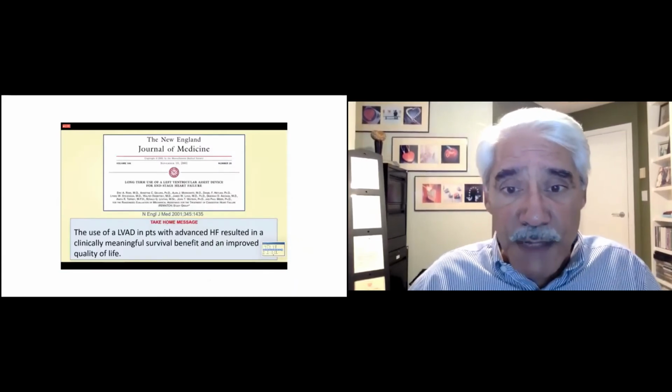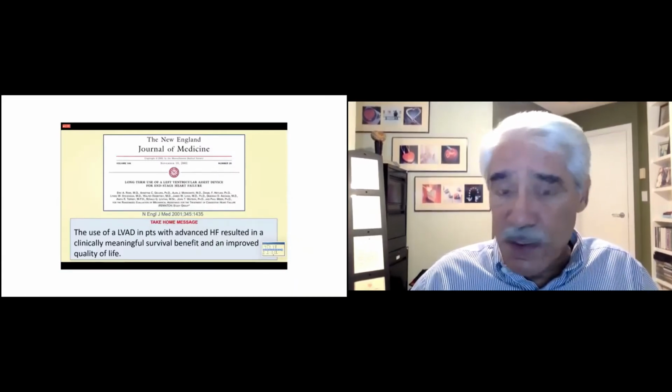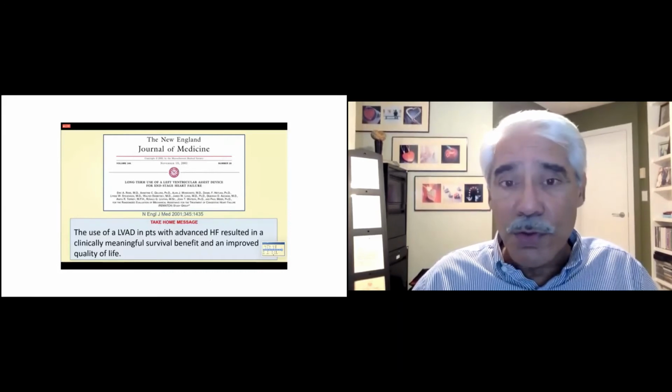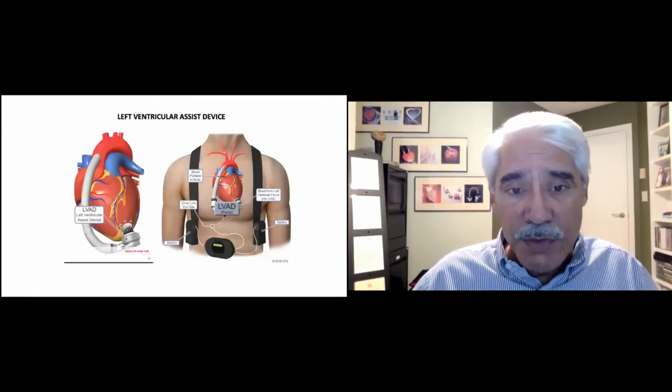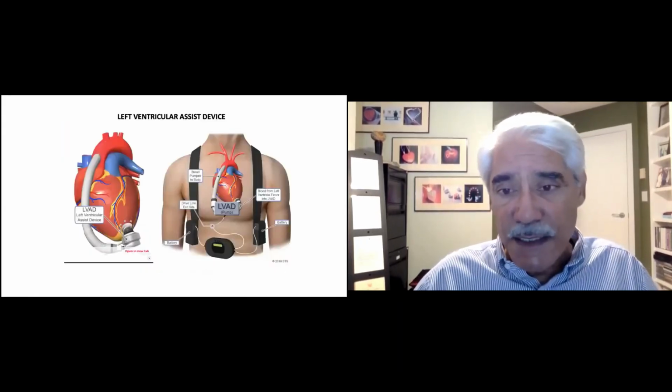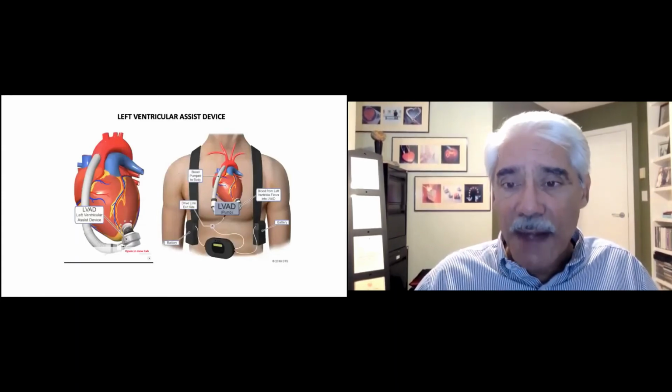So the first trial was in 2001 using the left ventricular assist device, the so-called REMATCH trial, and it used this surgical technique with a battery-powered pack that the patient wore on the outside.